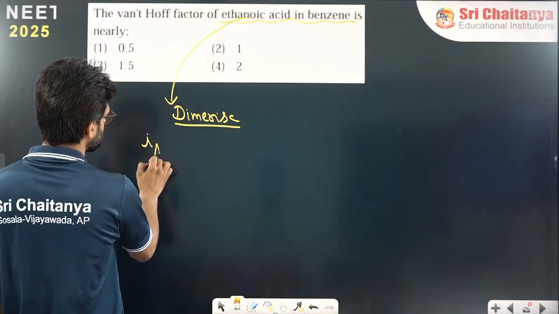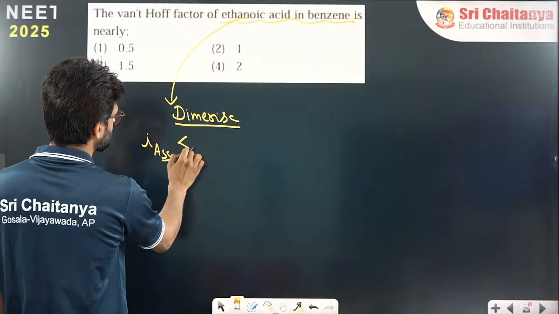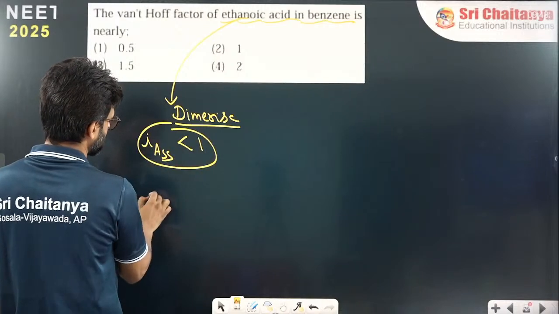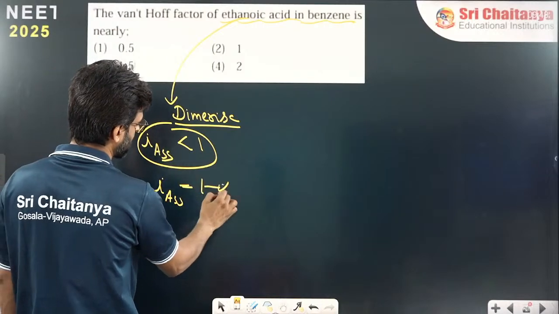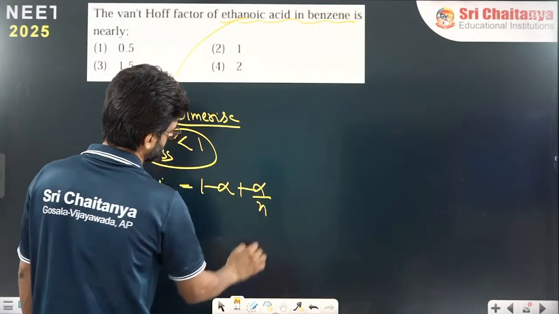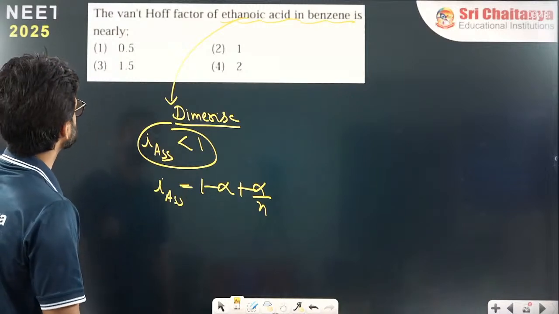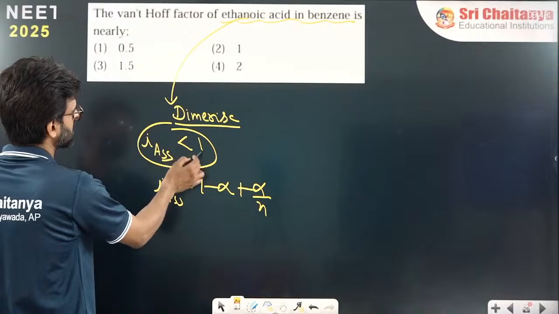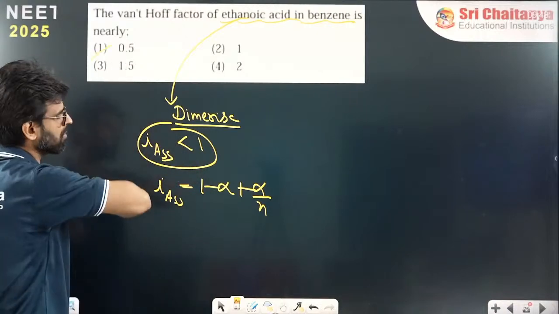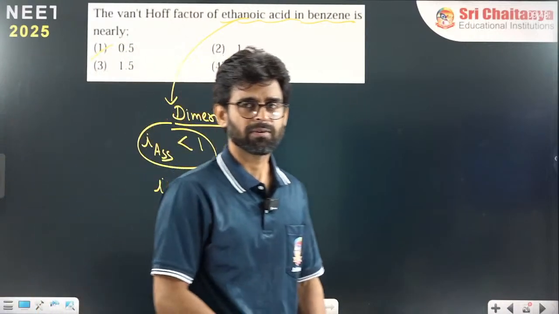So always, in case of association, always i is what? Less than 1. If they give alpha, then I can apply the formula also. It's 1 minus alpha plus alpha by n. But I think they are not giving alpha. So just we have to use common sense that i for association is always less than 1. Only one option is present, 0.5.